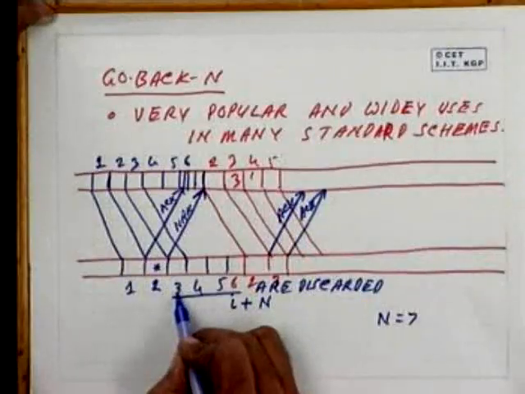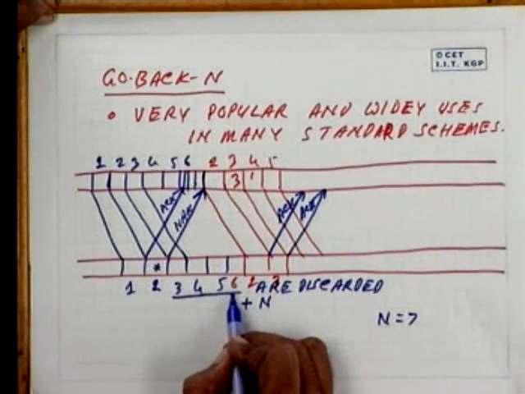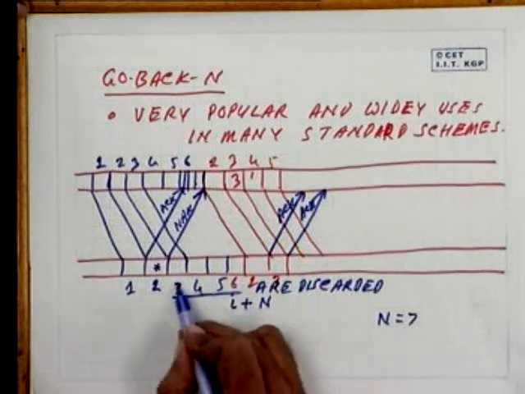Now we have seen that go back n ARQ has the limitation of resending some of the frames which were received correctly by the receiver. Say in this case 3, 4, 5 and 6 were received correctly.